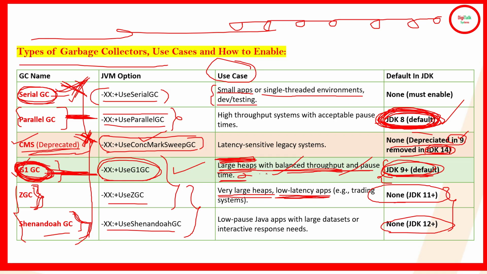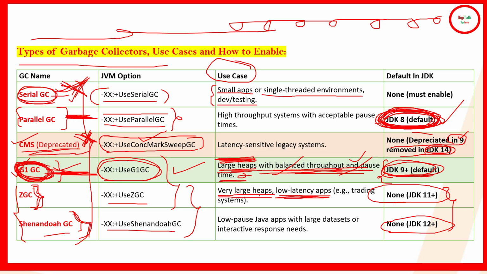When I say G1 GC balances throughput and pause time, it may be that most of the time your applications are running certain batch jobs, and there may be asynchronous jobs where the response is not required in real time. For that you can make a certain compromise on throughput and pause time, so this one is sufficient.